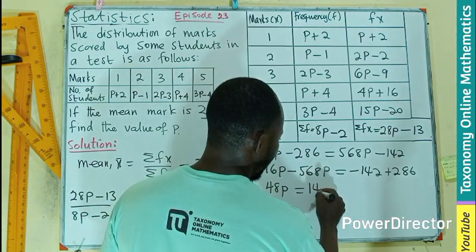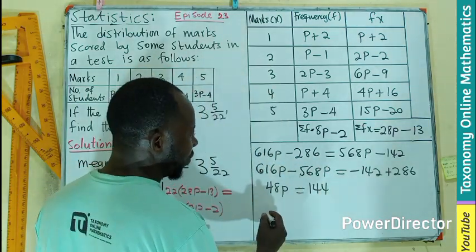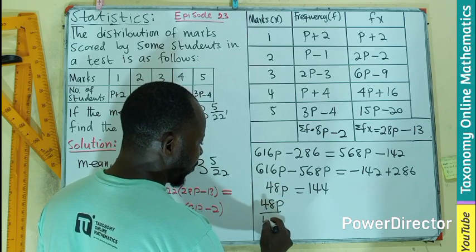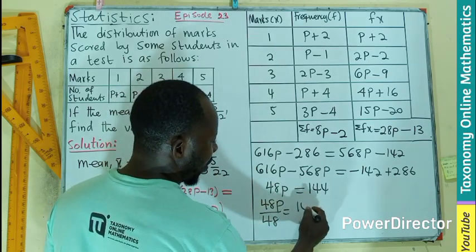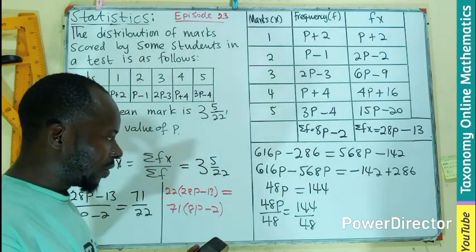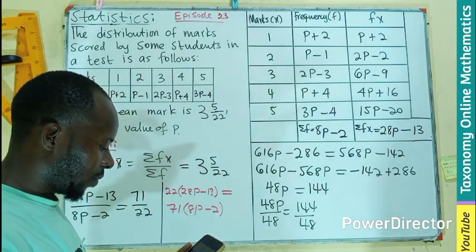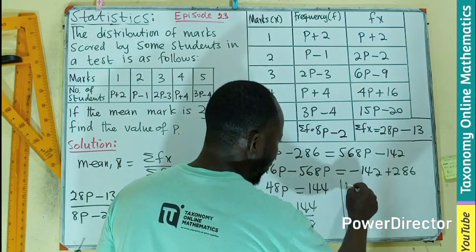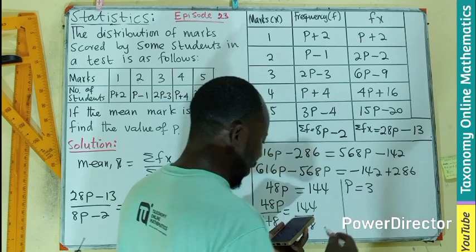That gives you 144. So divide both sides, 48p by 48, 144 by 48. Let's see what that will give us. That means that your p will be what? 3.